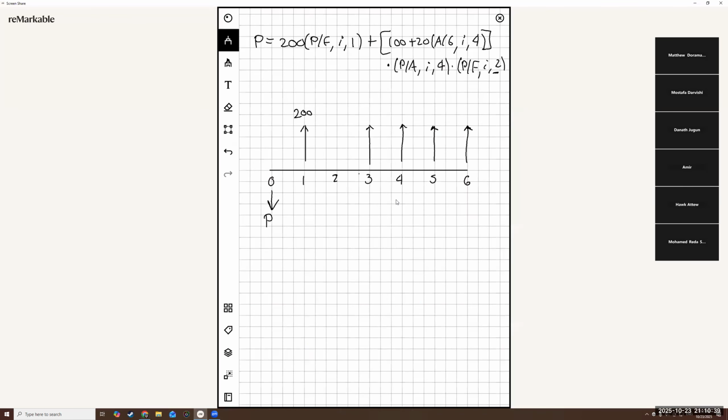So even though it says 2 over here, you have to start it on 3. That's it, 4 installments. What does this tell us? The first one is 100 and then it increases by 20. So 100, 120, 140, 160. And that is our cash flow diagram.